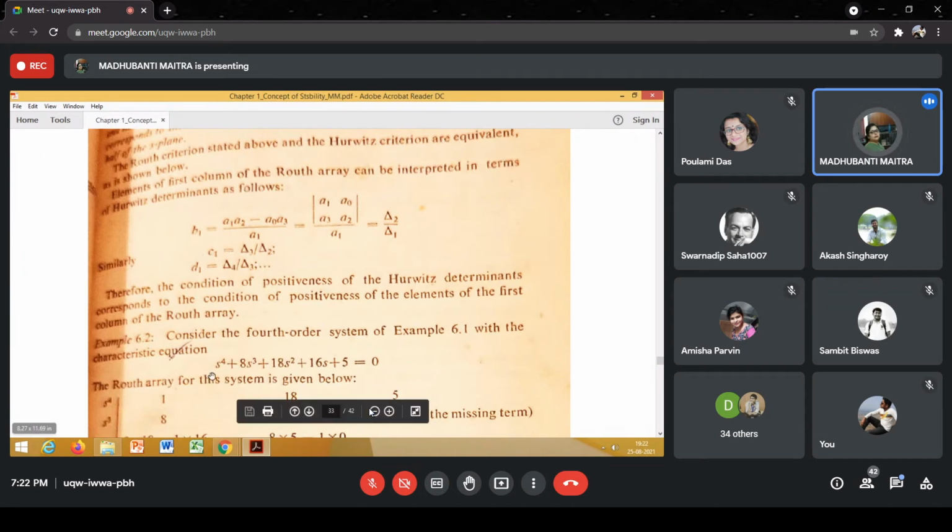So the elements of the first row will be the coefficients a0 = 1, then a2 = 18, and then a4 = 5. And the elements of the next row, which corresponds to the term s cube, are 8 and 16. And the last term is 0, obviously.